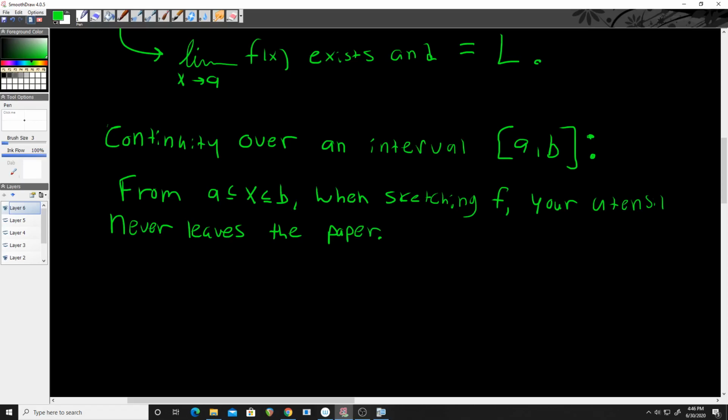That is to say, you never have to lift your pencil or pen from x equal a to x equal b.